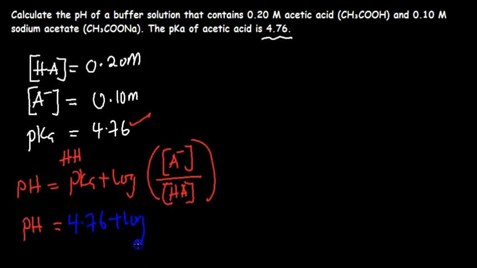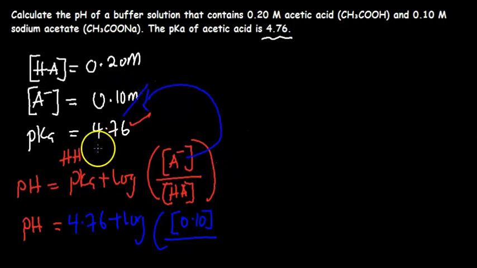Let's put back our log, but open the bracket and put our value of A minus, the conjugate base concentration, which is 0.10 molar. Molar will cancel out, so we don't need to write that. What about the denominator, which is HA? It is going to be 0.20.